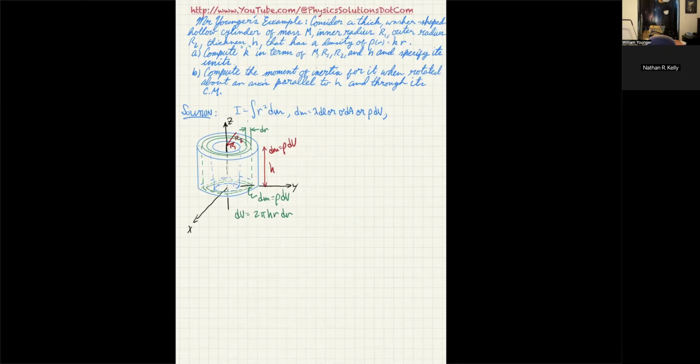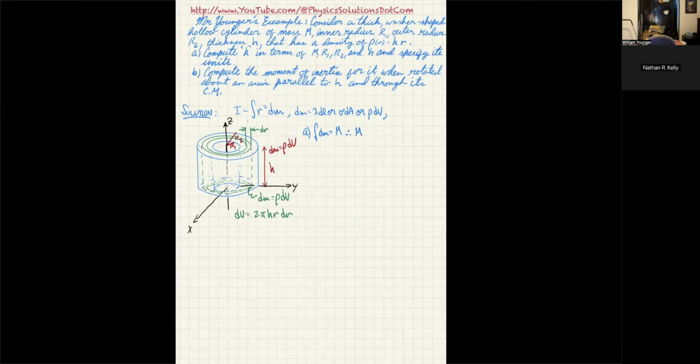Now I'm going to go ahead and start part A, and part A is where we're trying to determine what k is. What we know is the integral of dm has to equal m. That's what we're going to use.